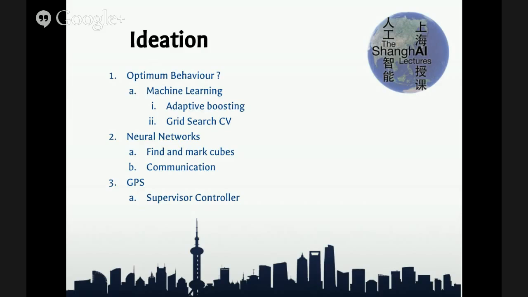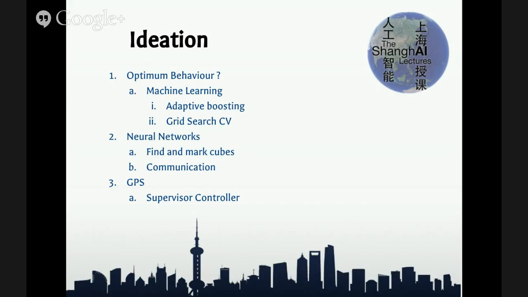Then we have another option, the neural networks, and this was suggested by our Chinese teammates. However, they're not able to make it today to the presentation. What they suggested was that we should find and mark the cubes, and communication will be carried out amongst the cubes. Each robot will know where the previous cube had been encountered at which particular grid location within the system.